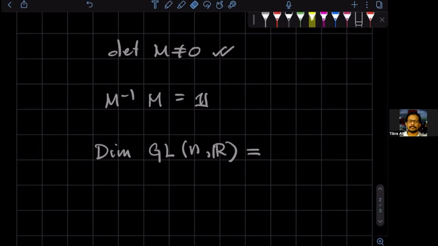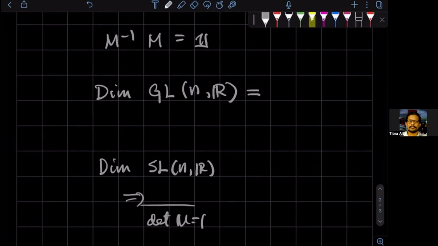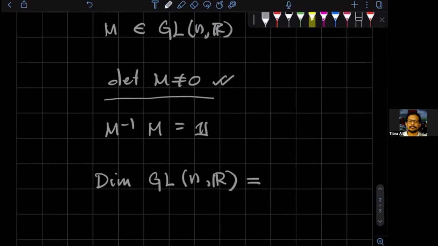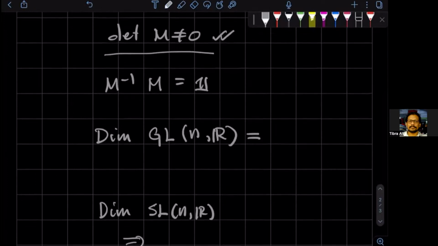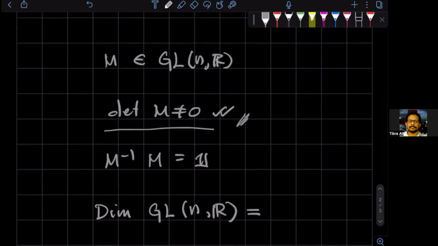Right. So if you look at the dimensionality of SL n R, in that case, the determinant of M equals 1, that is an equation. But this is an inequality, right? It's not a constraint. Well, it is a constraint, but it's not strong enough to get rid of any of the independent parameters, right?